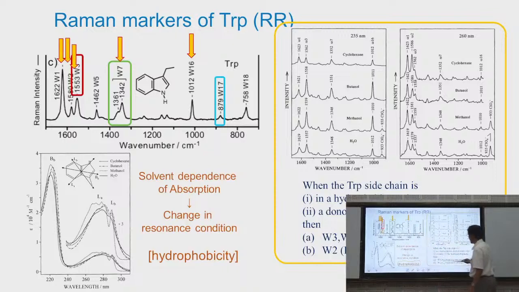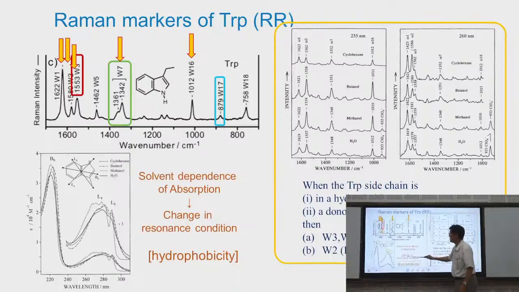It's because these peaks are related to certain excited states, and absorption intensity is affected by the environment. So there is a solvent dependence of the absorption. So depending on the environment or difference in the solvent, absorption intensity changes.